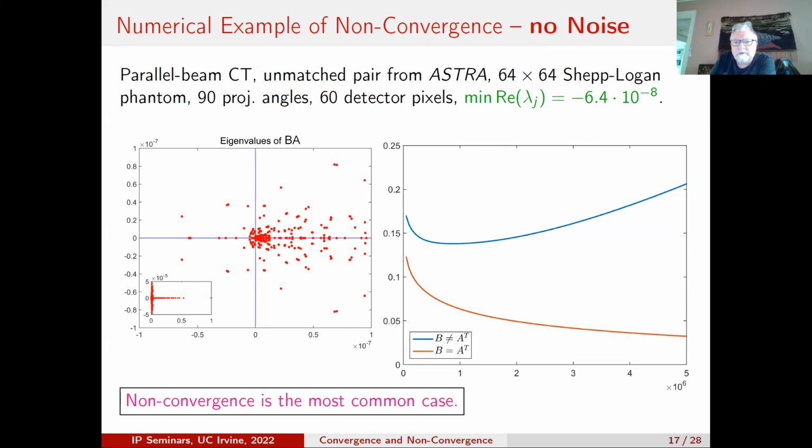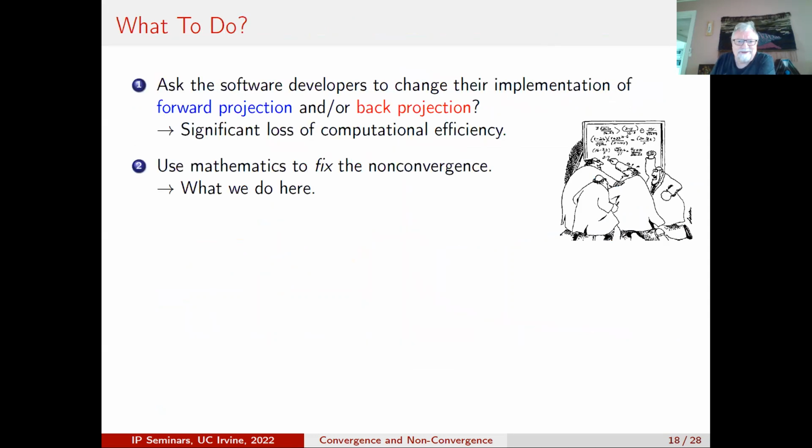So we will not have convergence, which is definitely something a mathematician like me doesn't really like to see, a method that does not converge. All right, so we would rather have convergence. So what are the options here?